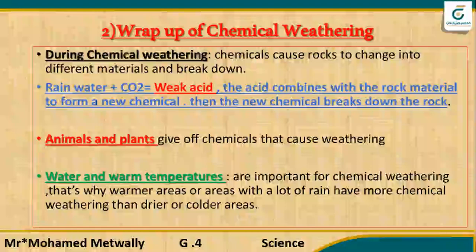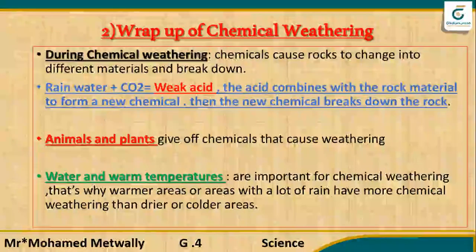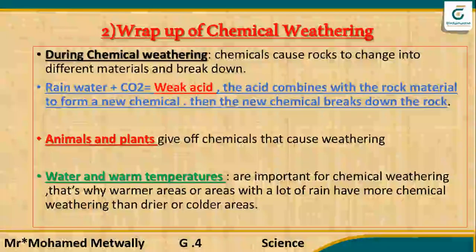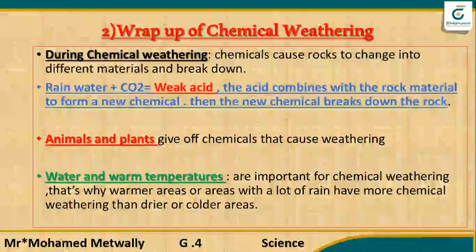I need you to know that chemicals cause rocks to change into different materials and break down. Unlike physical weathering, in chemical weathering the rocks change into different materials, not the same kind like in physical weathering. So during chemical weathering, chemicals cause rocks to change into different materials and break down.